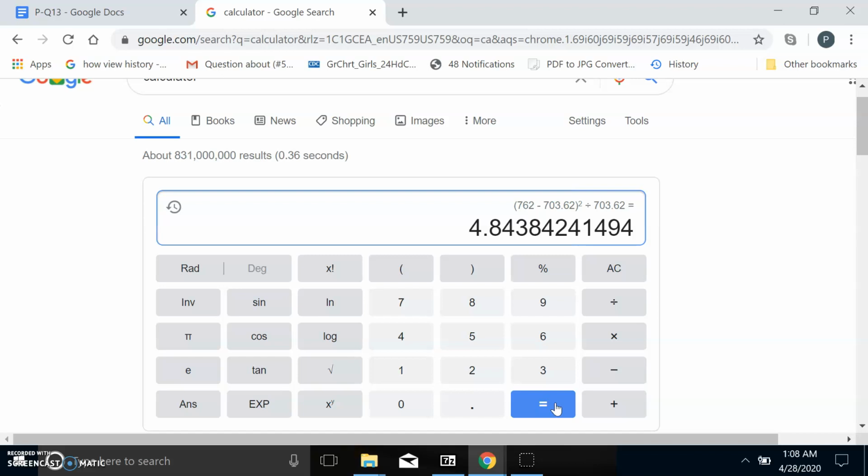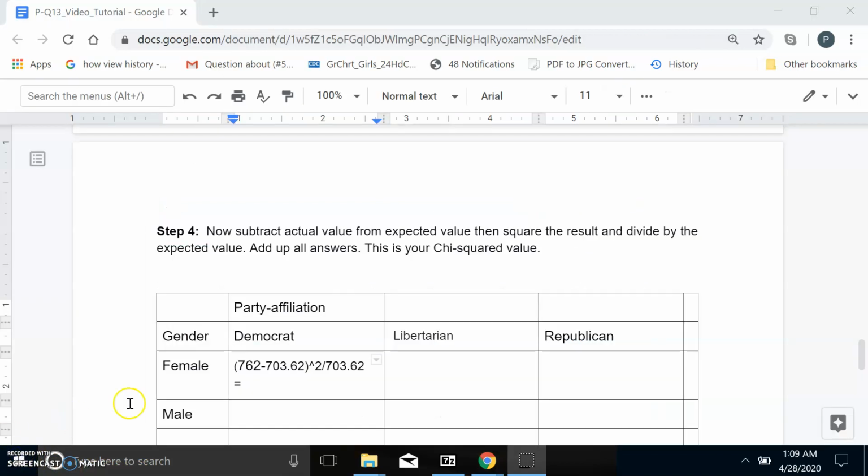Okay, let's go back now and enter this in. So entering this value in here, we have our 4.84. Then move on to the next one.